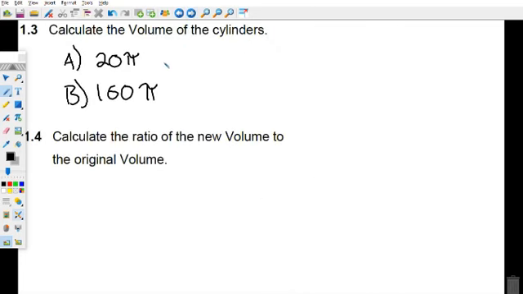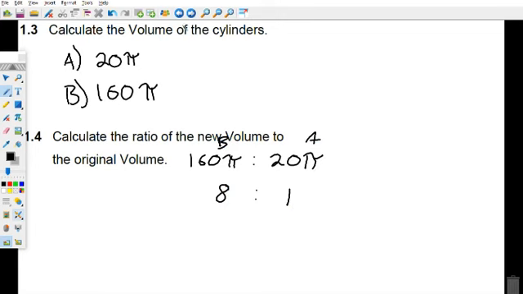So the ratio for the new volume to the original volume, B to A, is going to be 160 pi to 20 pi. Do you see it's going to be an 8 to 1 ratio?